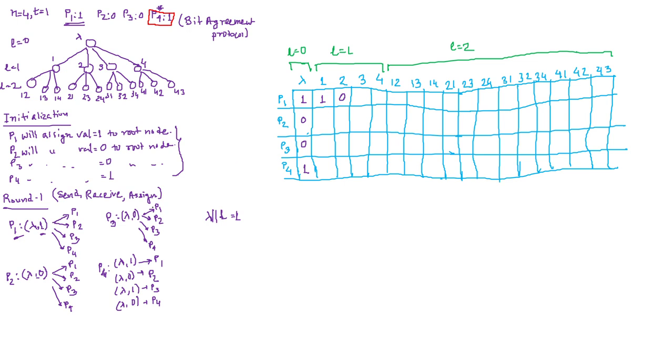Next, again P1 has received lambda comma 0 from P3. So this value 0 will be assigned to a node having label or tag lambda concatenated with party ID 3. So lambda concatenated with party ID 3 is nothing but 3. So P1 assigns value 0 to the node with tag 3.